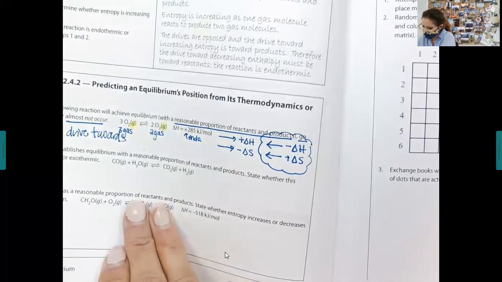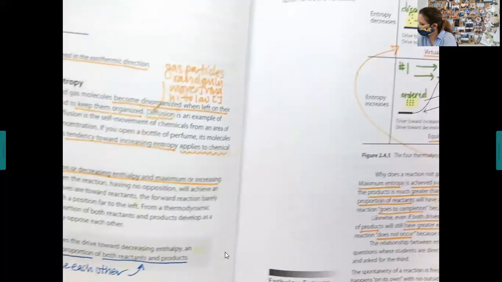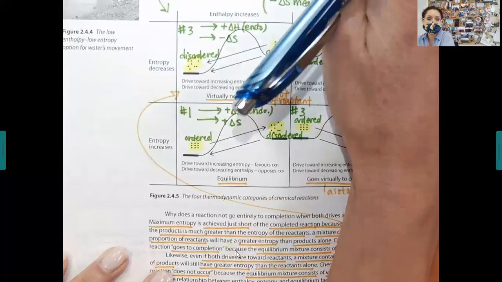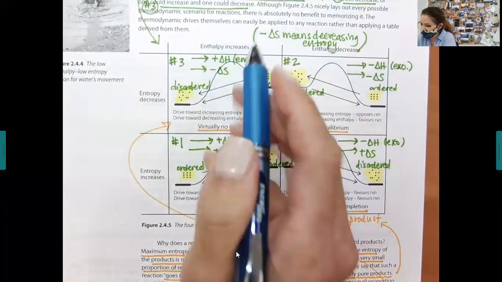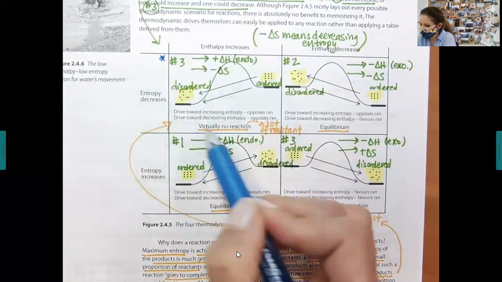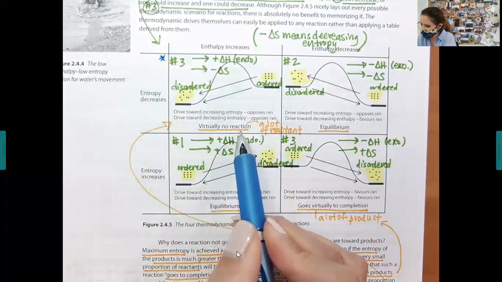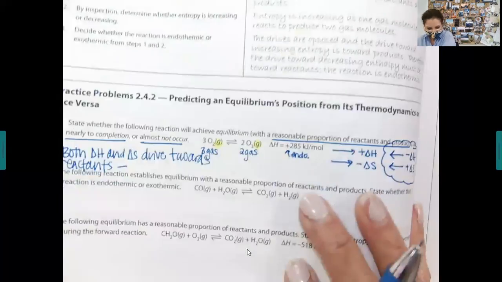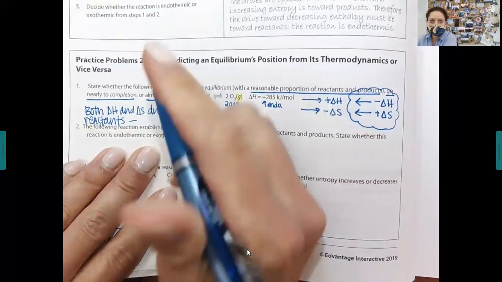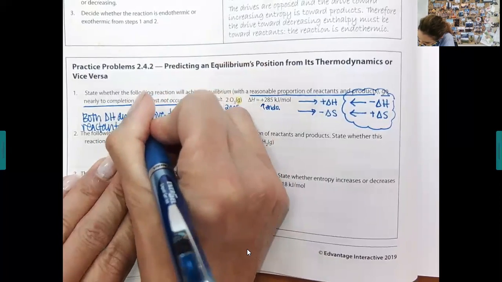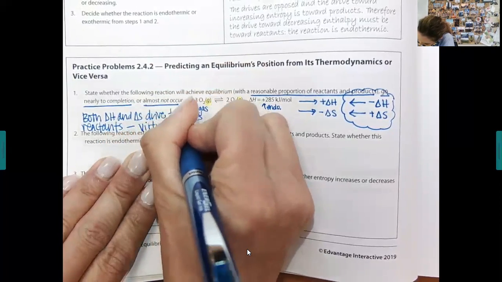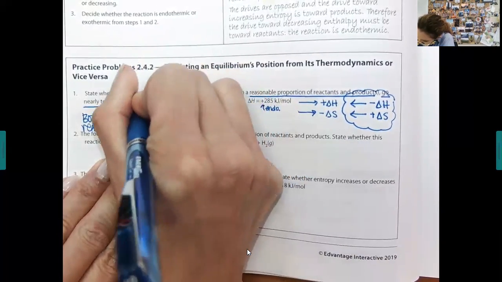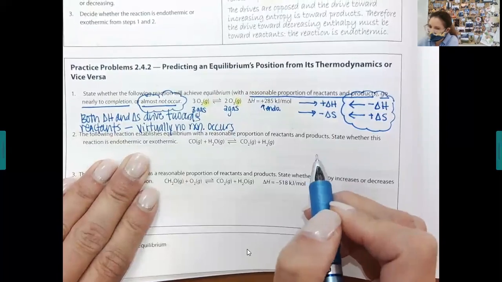We've got positive delta H and negative delta S. So that means you're looking at this one right here, okay? So this is virtually no reaction, okay? So this will almost not occur, okay?